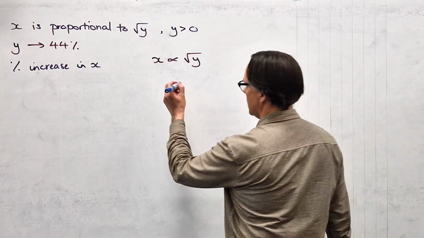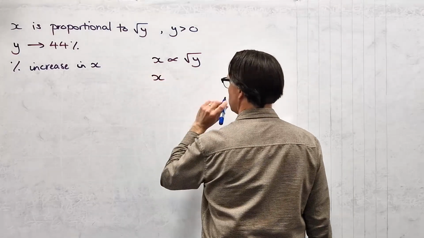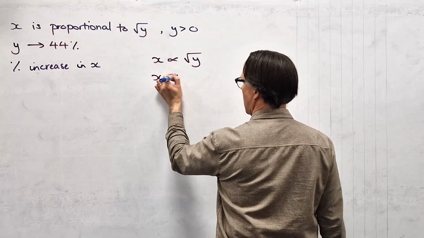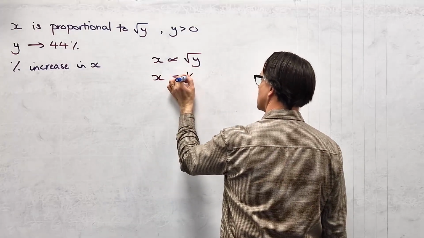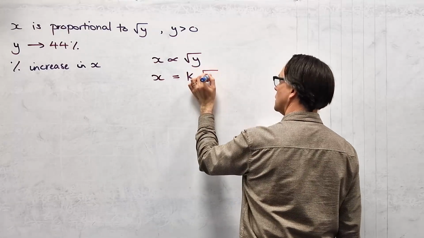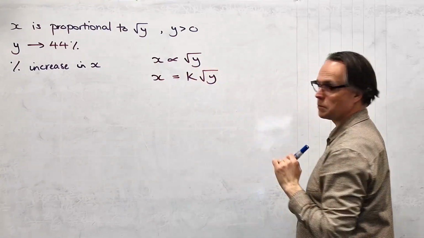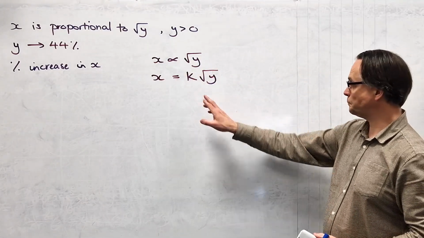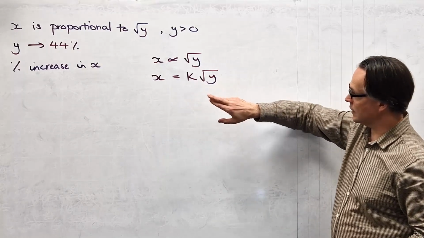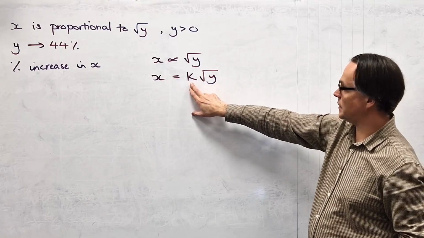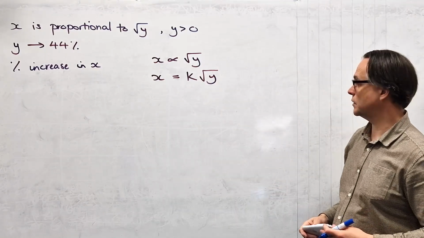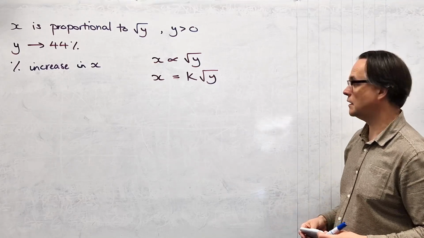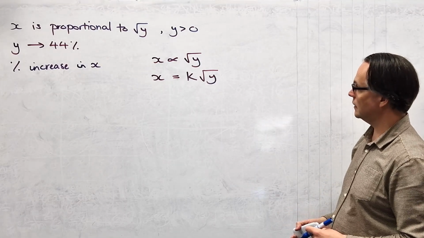And then I would say that means that x is a fixed multiple of the square root of y. They tend to use k for the constant of proportionality. So that's what I'm going to do.